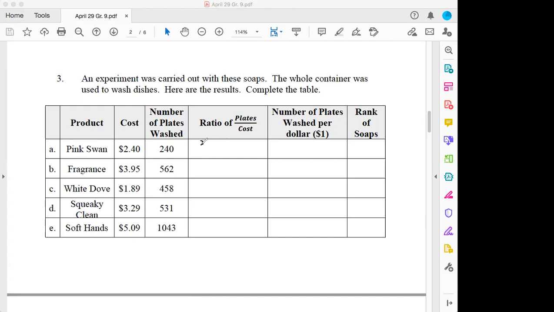Okay, so we have 240 plates over $2.40. They want to know the number of plates washed per dollar.